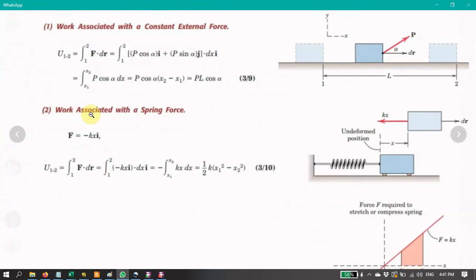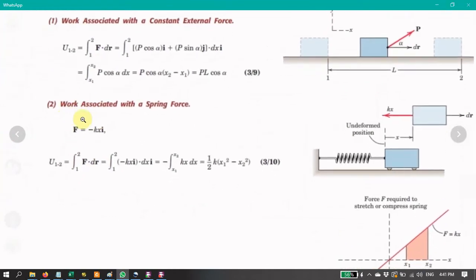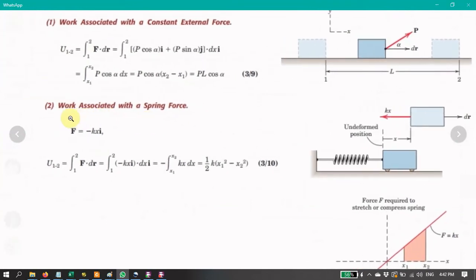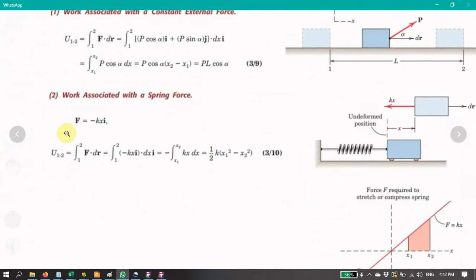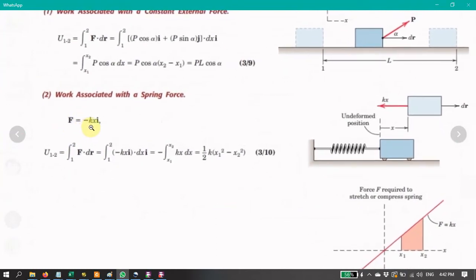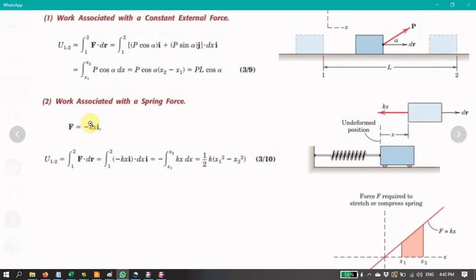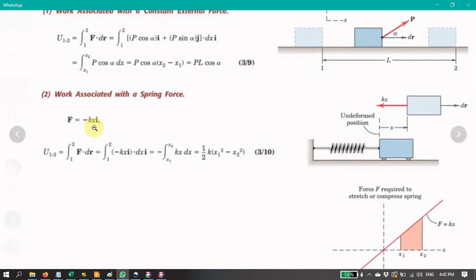And then we have the second example, which is work associated with the spring force. In this case, the definition of spring force is minus the spring stiffness, in Newton per meter units, times the distance traveled, right?